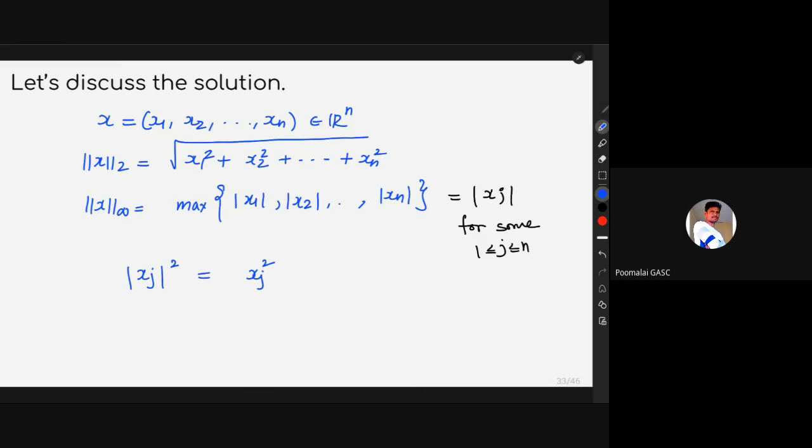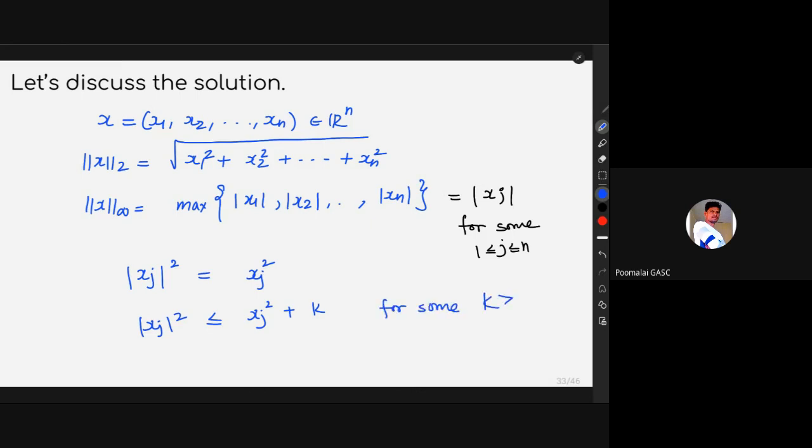Now if I add some positive quantity k to it, it will make the right hand side larger than the left hand side.